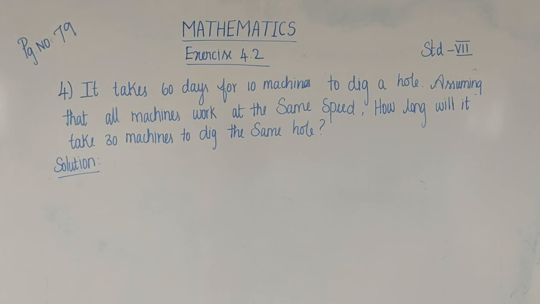It takes 16 days for 10 machines to dig a hole. Assuming that all machines work at the same speed, how long will it take 30 machines to dig the same hole?